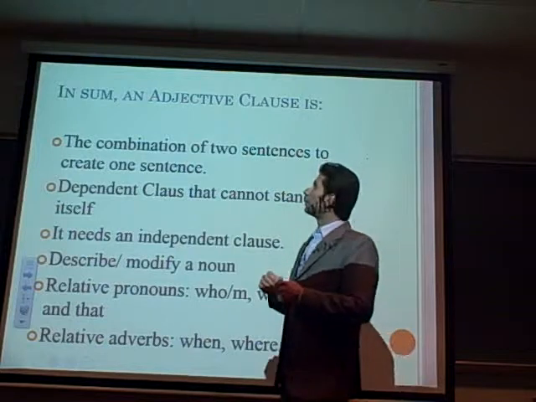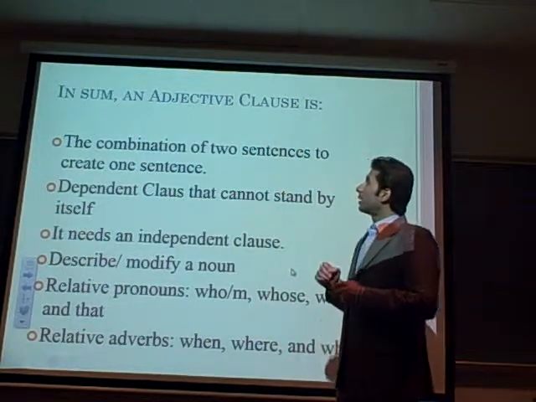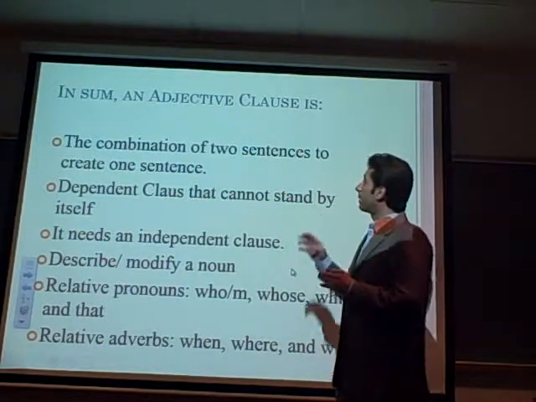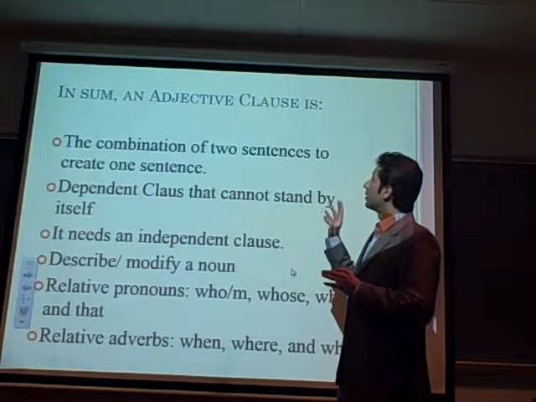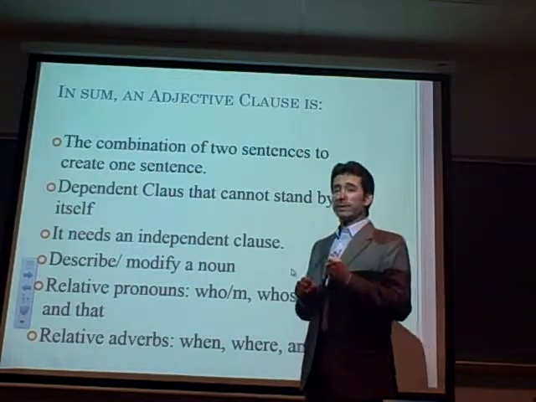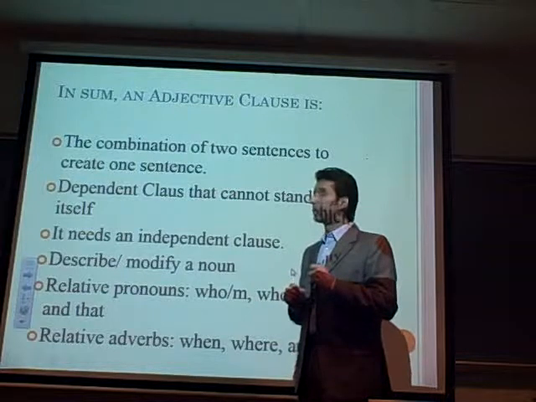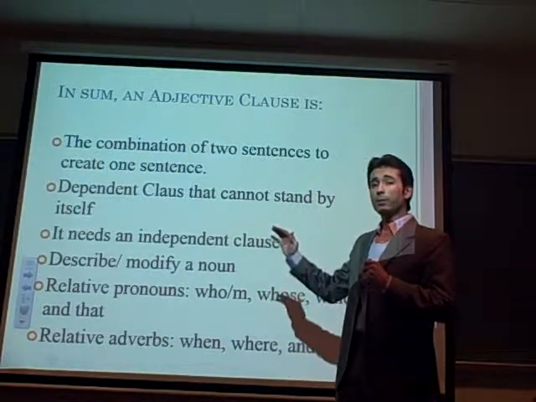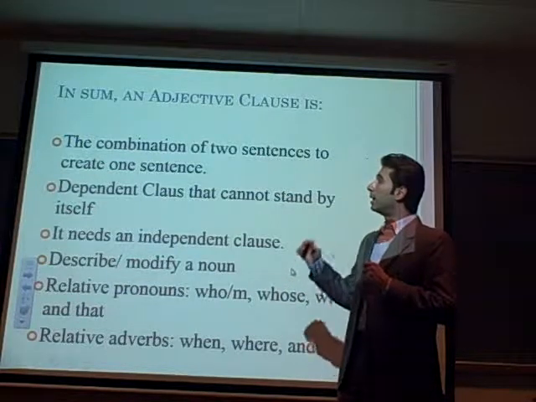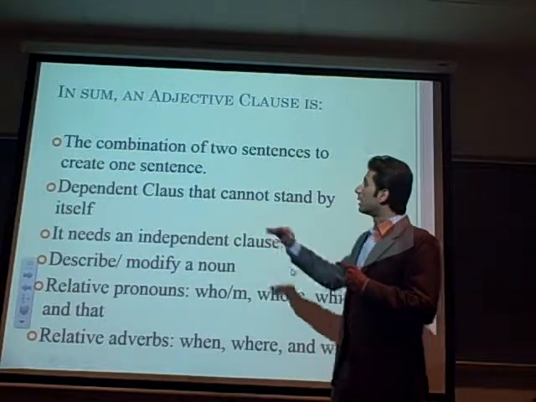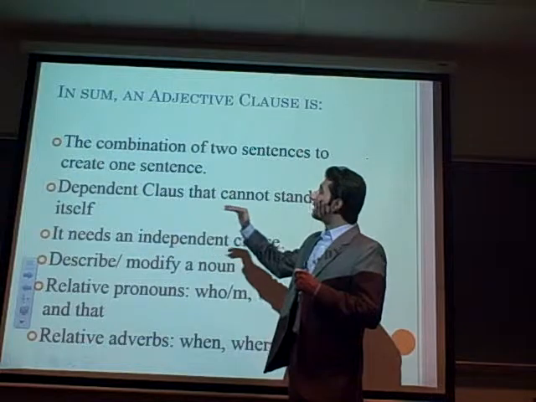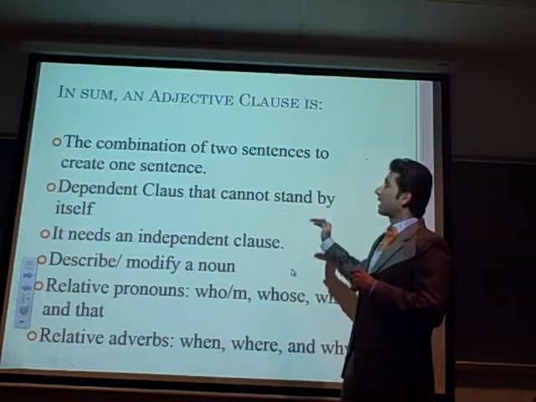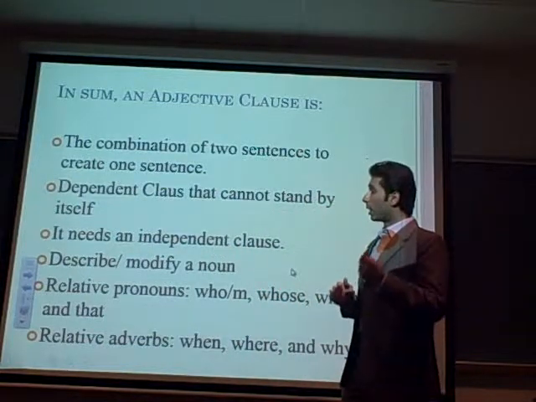To conclude, an adjective clause is the combination of 2 sentences to create one meaningful sentence. Here are the points that we have to keep in mind in order to understand adjective clauses. An adjective clause is a dependent clause that cannot stand by itself or alone.